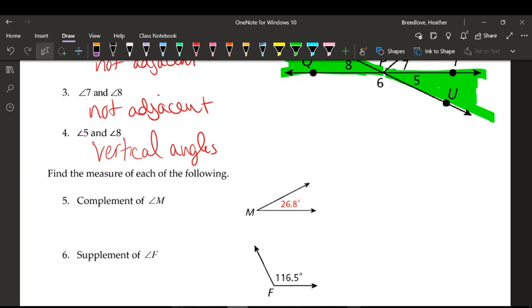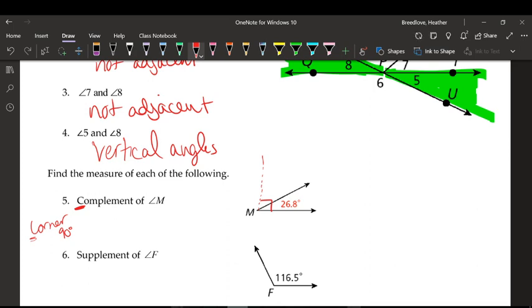Okay, so we're going to find the measure of each of the following. The complement, C, of angle M. Complement, C, corner. Corners are at 90 degrees. So that means they don't have to be next to each other, but this is just a little visual representation here.